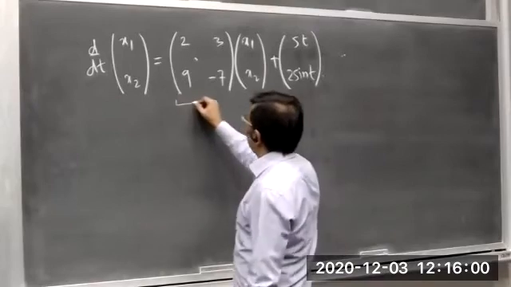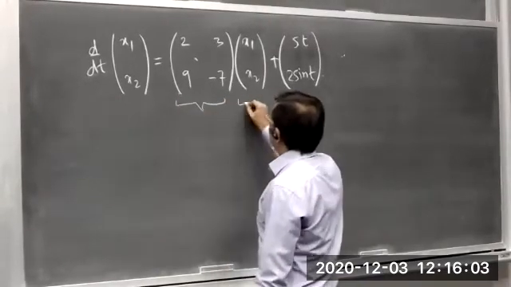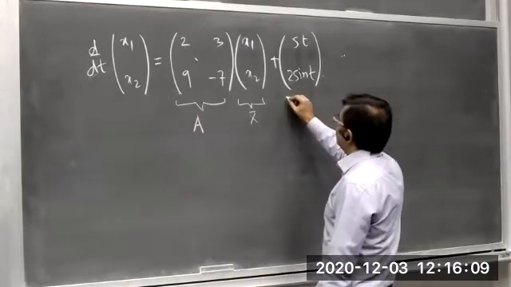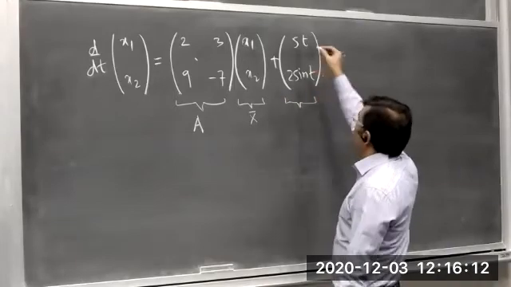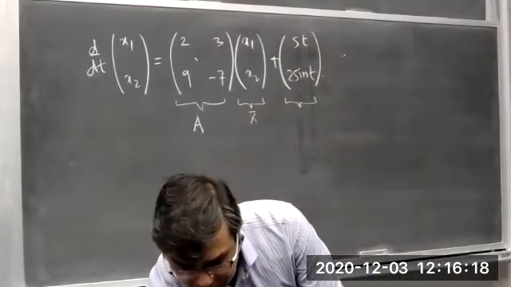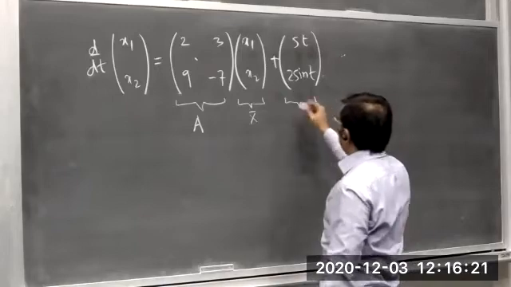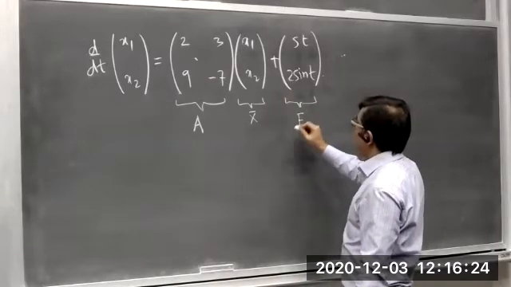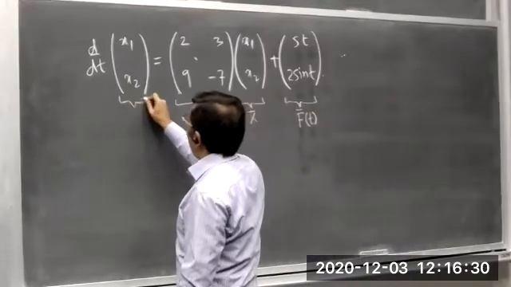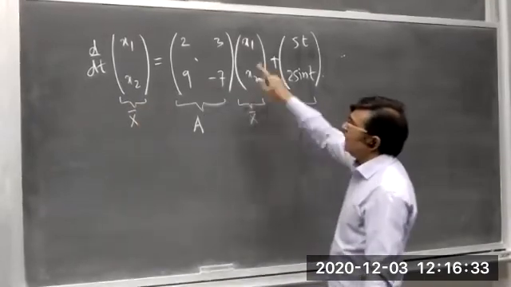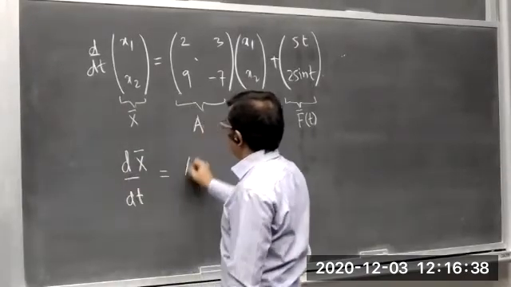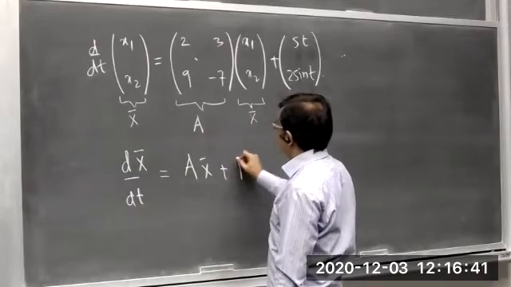If I assume that this is your matrix A and this is a vector X, and this is some vector which is a function of t, some vector f of t only, and this is again your x vector, then we can write dx vector by dt is equal to A times x vector plus some f vector.